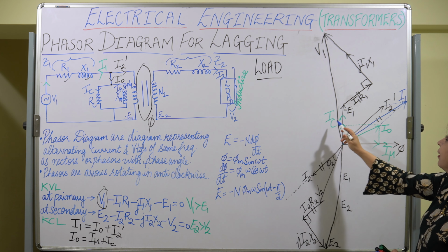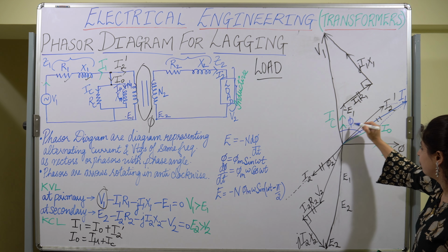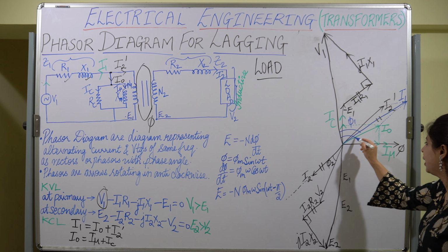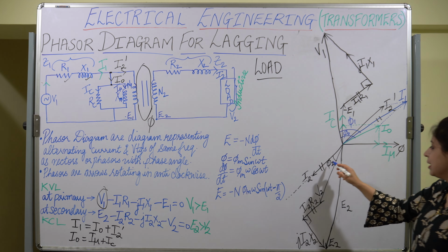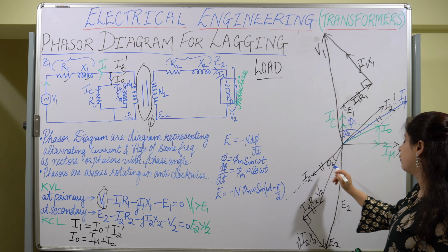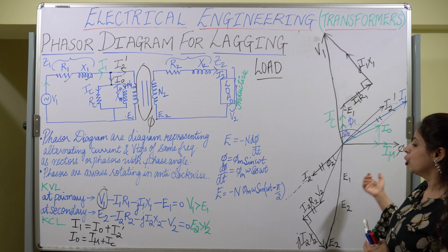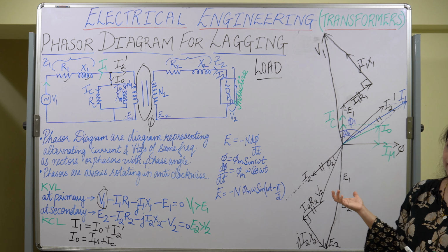So I1 and V1 will have some phase angle phi 1, and I0 and V1 will have the phase angle phi naught. And we have already seen the phase angle between V2 and I2 is phi 2. So this is the phasor diagram and it will be drawn in this manner only.